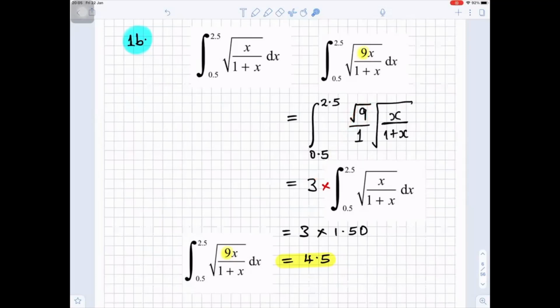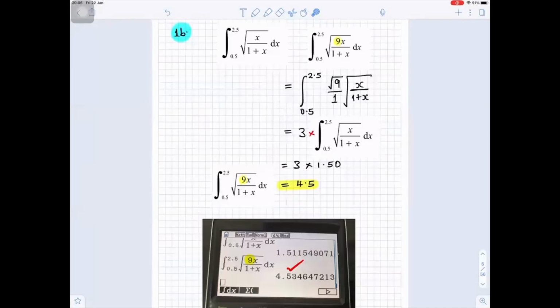So you can multiply the previous answer by 3 to get the new value. So 3 times 1.5 gives you 4.5. And if you use your calculator, you will get 4.5346, which is slightly different from that.